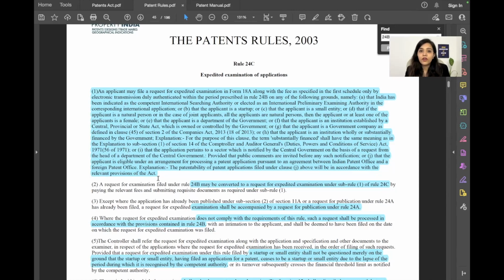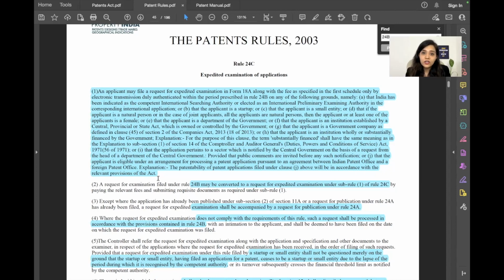So this means, for example, India has an association with a country XYZ. If India has an association with that country and they have a certain arrangement that if a patent is granted in country XYZ, the Indian Patent Office will use the examination report of that country or grant a patent based on it.